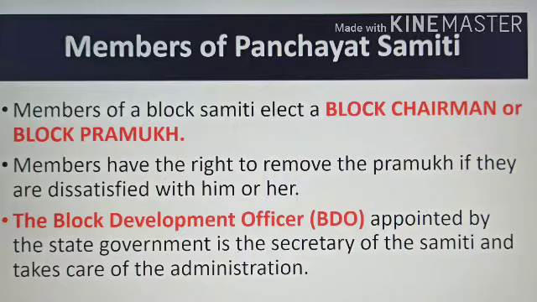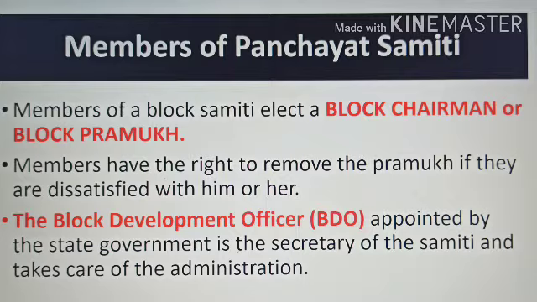Okay. Now the members of the block Samiti will collectively elect a block chairman or the block pramukh. Now he will be doing regular work. If the members of the block Samiti think that he is not doing the work properly, then they will have the right to remove the pramukh if they are not satisfied.